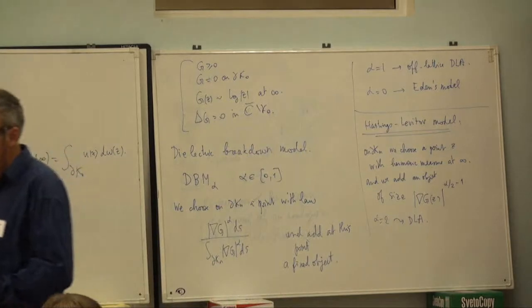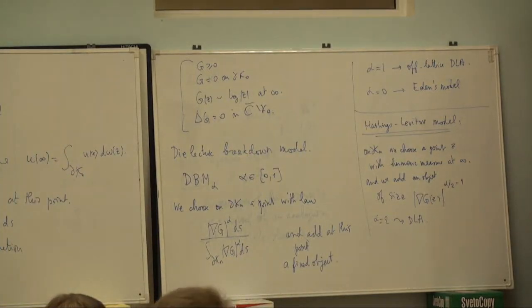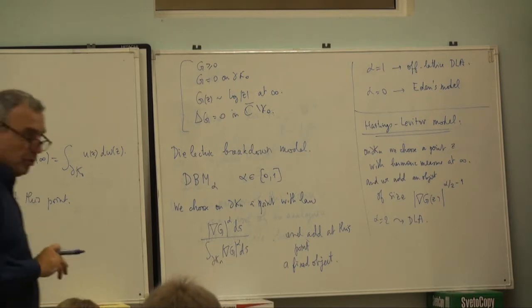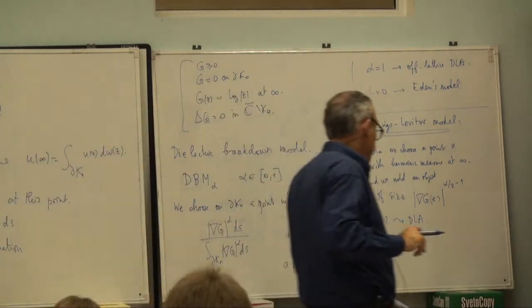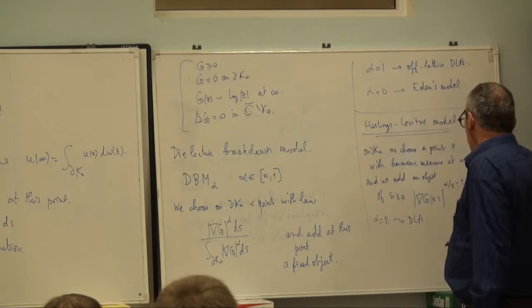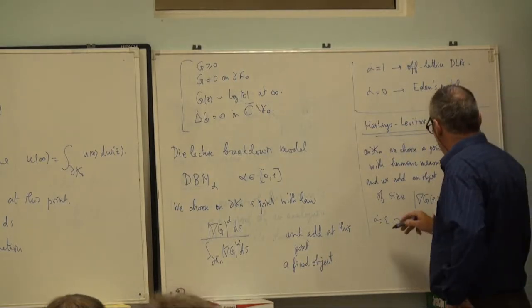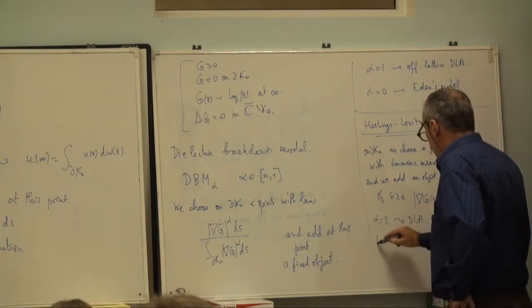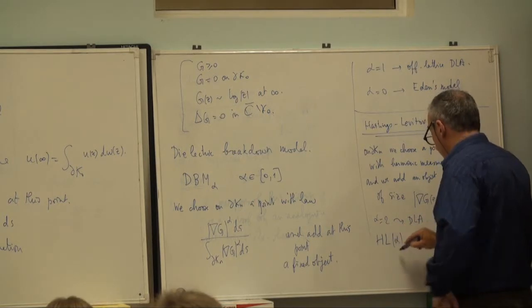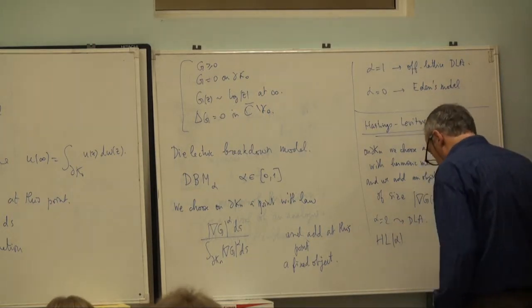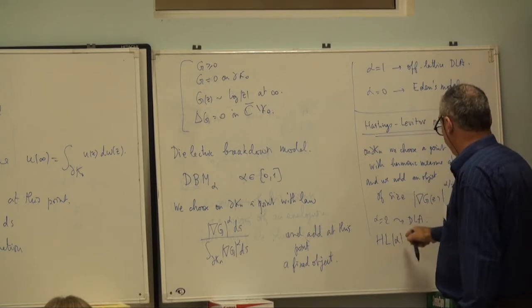And some heuristics, which I do not want to go into, say that, let's call this Hastings-Levitov alpha, HL alpha.